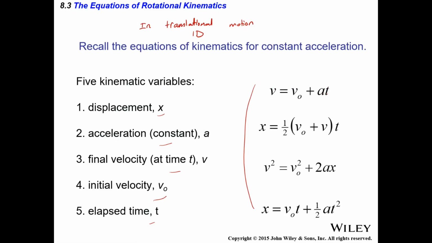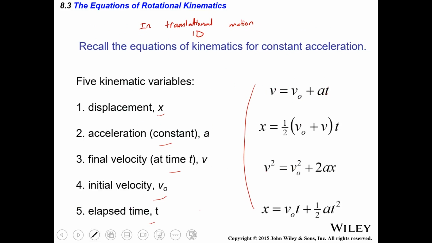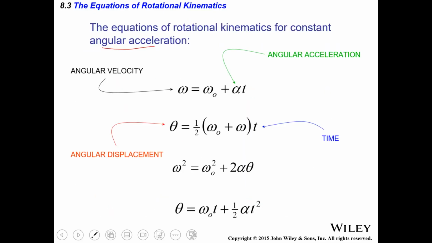Similarly, I'll substitute v squared by omega squared, v0 squared by omega 0 squared, a by alpha, and x by delta theta. So I want you to take a look at our obtained equations. Theta is going to be half alpha t squared plus omega 0 t. I substituted v0 by omega 0.